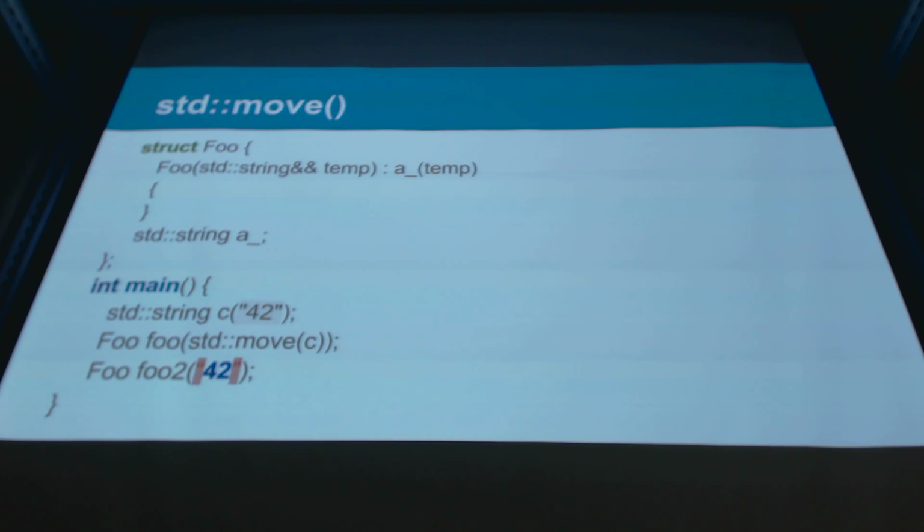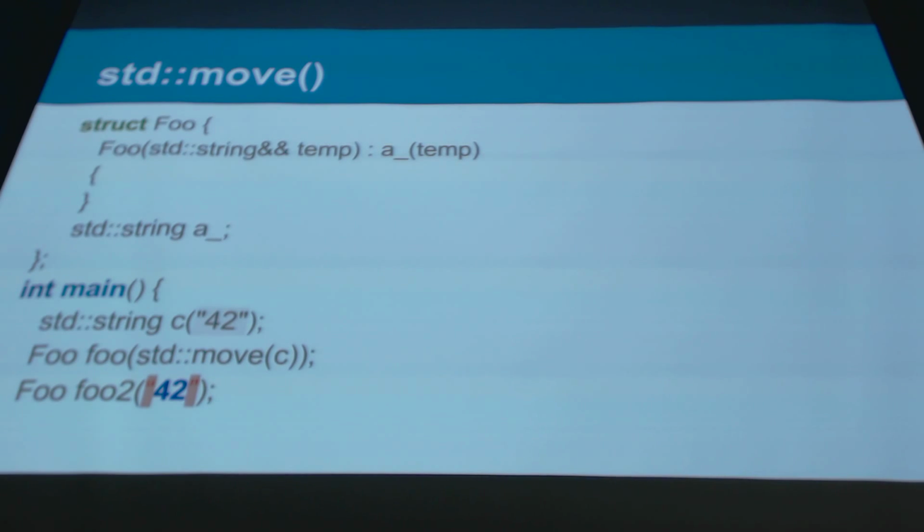Because, for example, if we had more members, then we could initialize them with the same reference, which is temp, right? And the compiler will, of course, not reject this, and everything will be fine. So here it's, of course, making a copy.